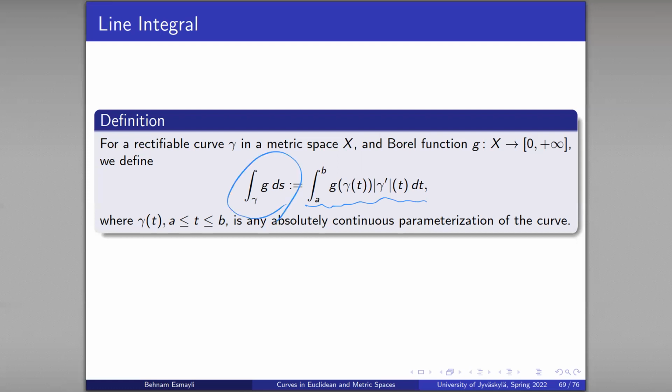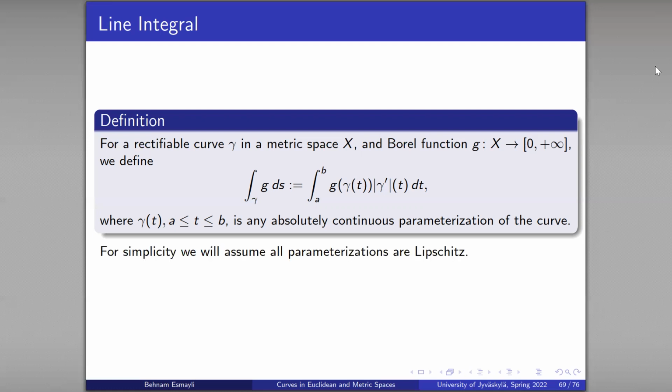Of course, one needs to prove that this quantity is independent of the parameterization, but that is just a change of variables for integrals between intervals of R1. So it's a R1 problem. One has to follow carefully what reparameterizations mean and how to transition between them. That's not something we're going to do. So here is the definition of integrating a Borel function along a rectifiable curve.